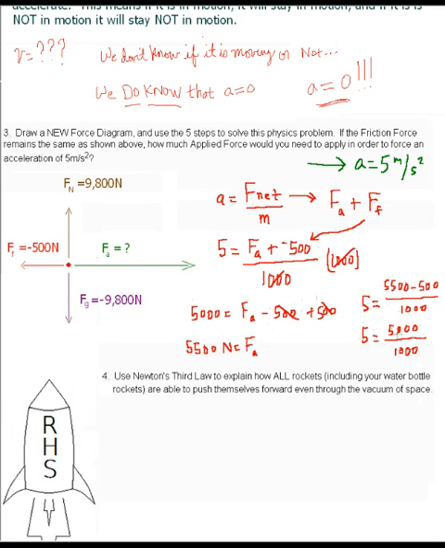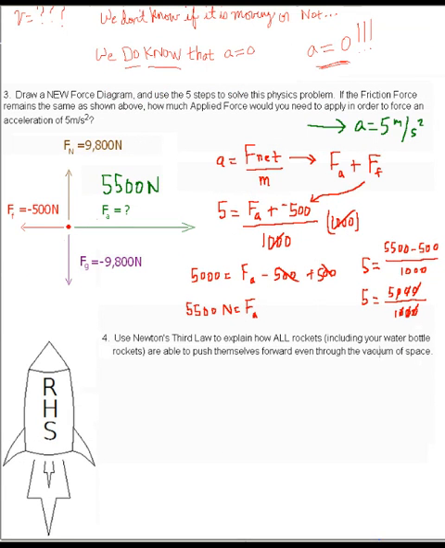So the ratio is perfect. These cancel out, and I get 5 is equal to 5 over 1. So yes, that works. I'll go back to green here. This should be a push of 5,500 newtons. The sum of the forces to the right would be 5,500 minus 500, or plus a negative 500.